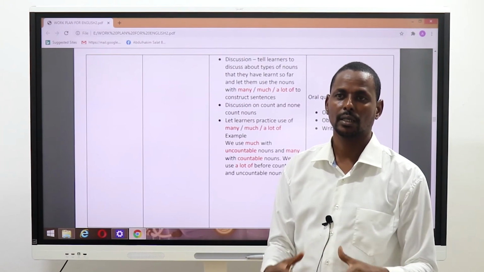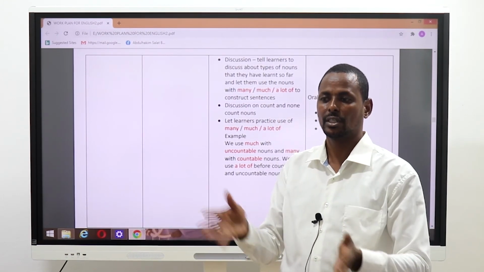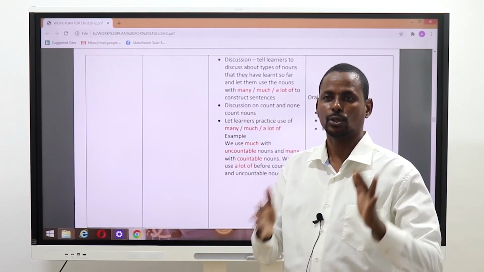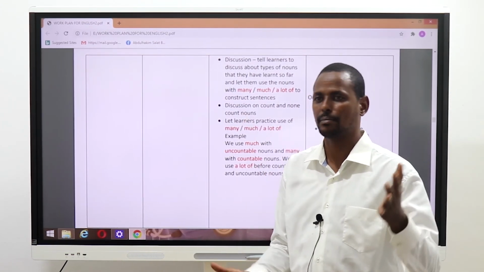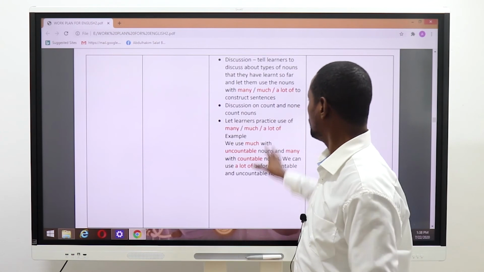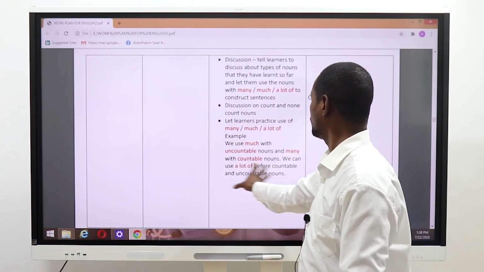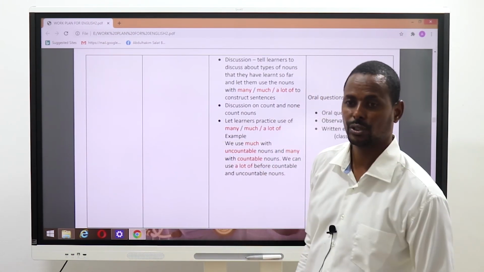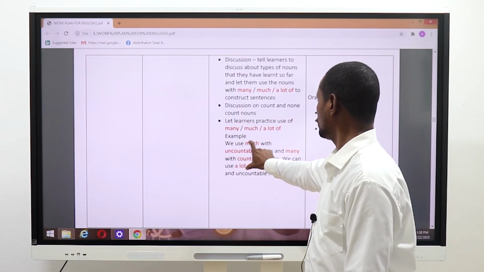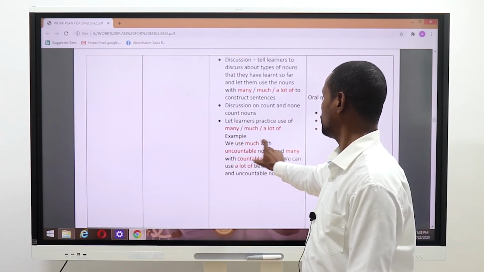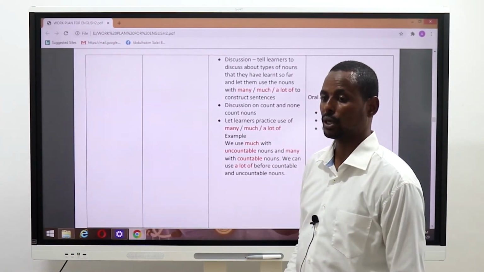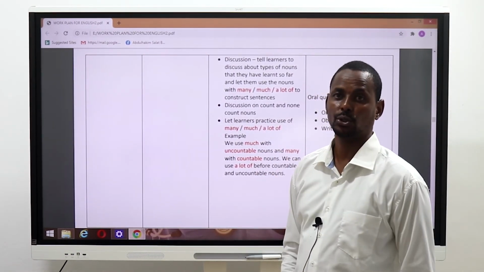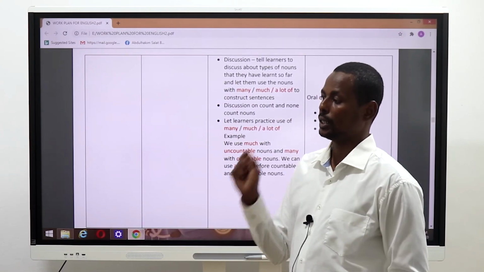Compare their work. Those who have missed, those who have got it, those who got some, missed some, then make corrections and give them the notes that this is how it is done. Much is used with uncountable nouns, many is used with countable nouns, and a lot of is used with both countable and uncountable nouns.